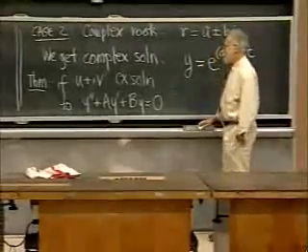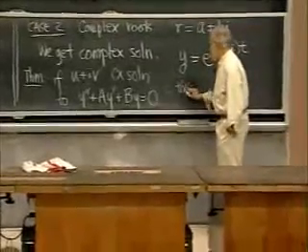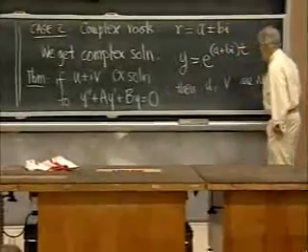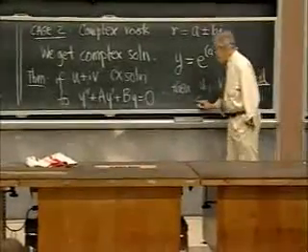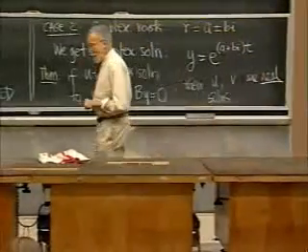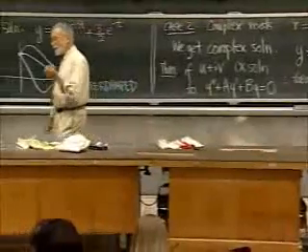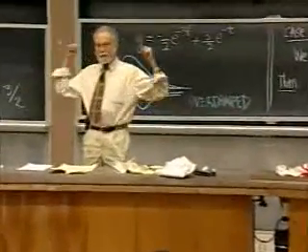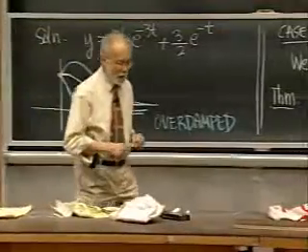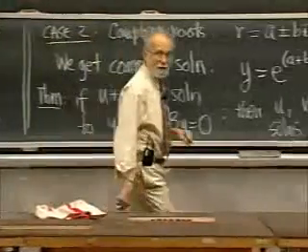Then the conclusion is that u and v are real solutions. In other words, having found a complex solution, all you have to do is take its real and imaginary parts, and voila, you've got the two solutions you were looking for to the original equation.